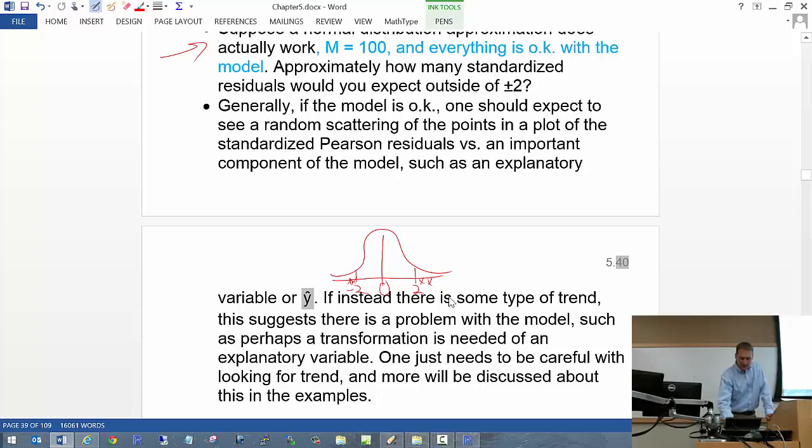Let's say I remove one of those 5 and put it way out there. Is this something to be worried about? I still have 5 of 100 outside of plus or minus 2. Yes, because that's extremely unusual. So it's not just the fact that I got 5, it's their location that matters too.